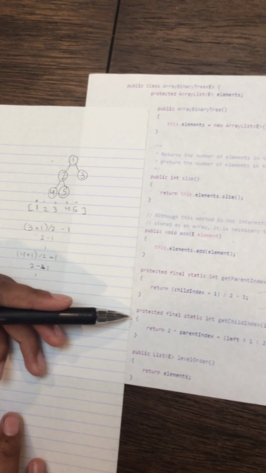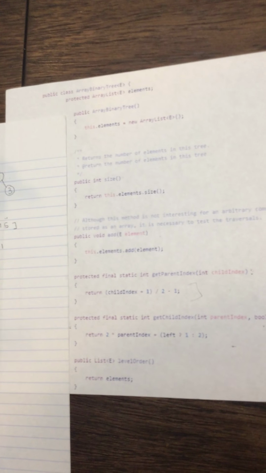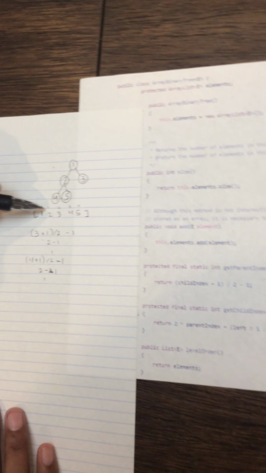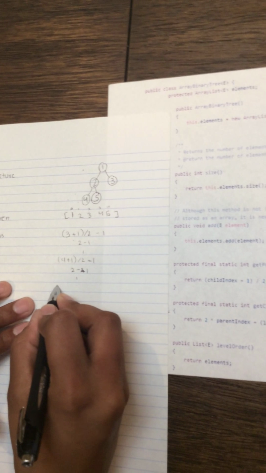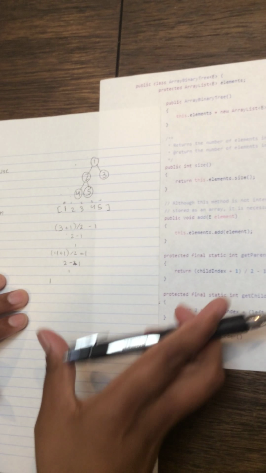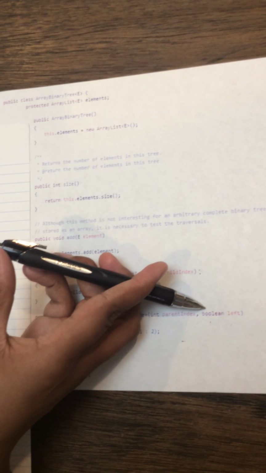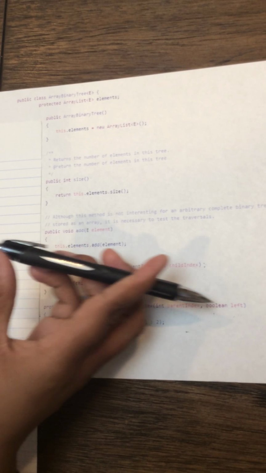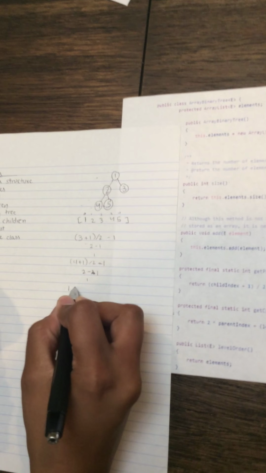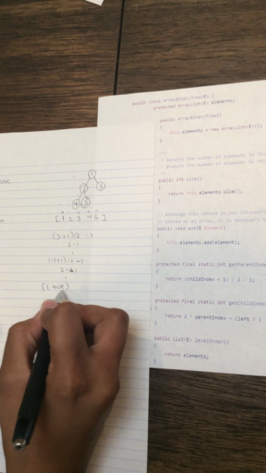For the next method, if I'm getting the child's index, suppose I give the parent index of 1, and then this boolean just says if you want the left child or the right child. So if I want the left child, I'll say true, so these are the parameters to the method.